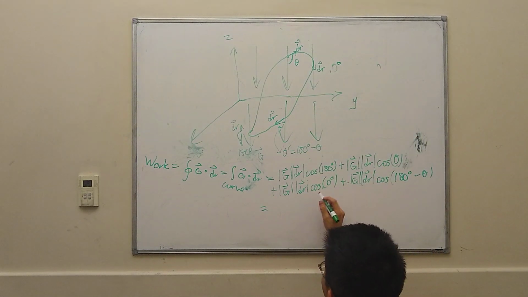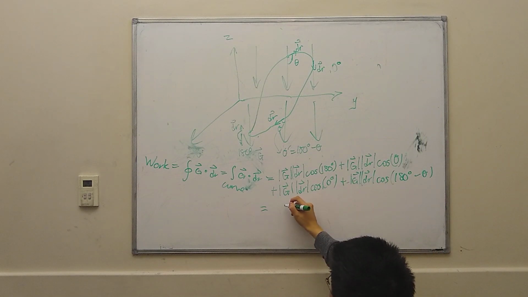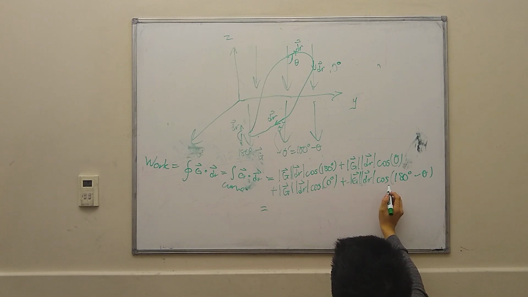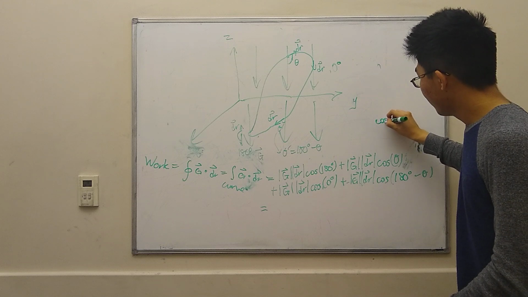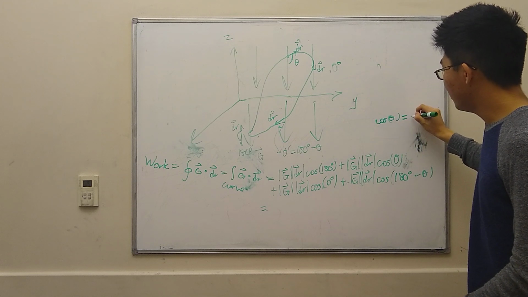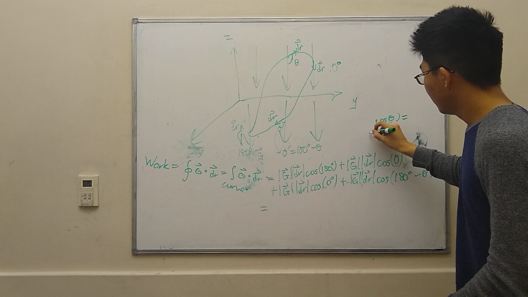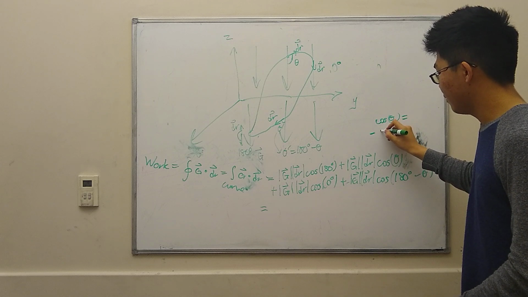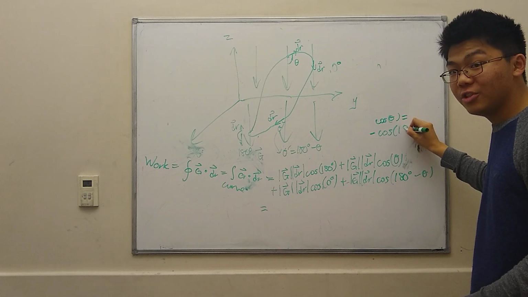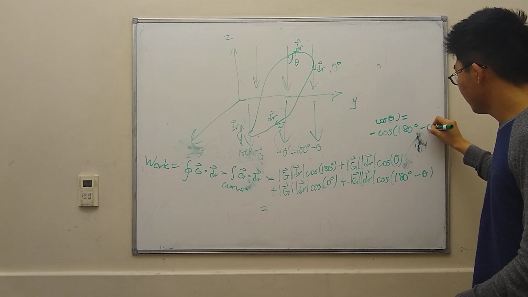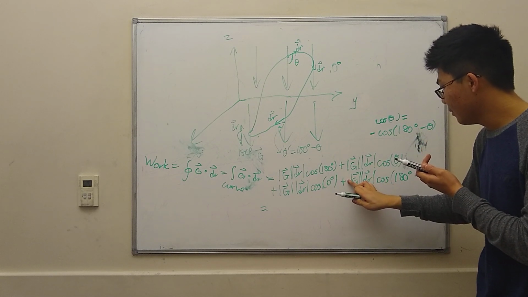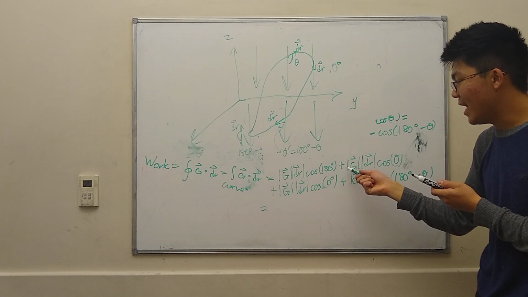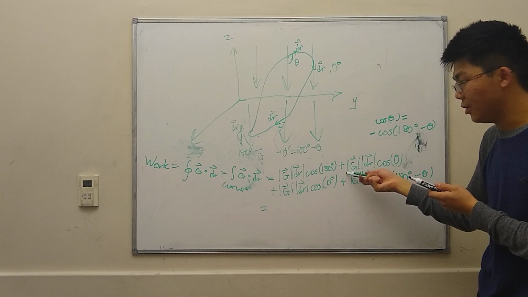Now, in this case, cosine of theta is actually equal to the minus of cosine of 180 degrees. So, as you can tell here, this is actually going to be the negative of this value.